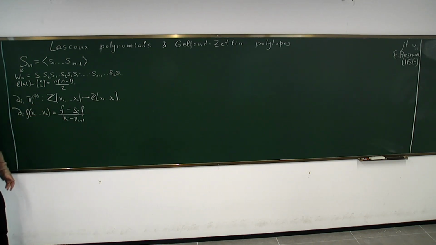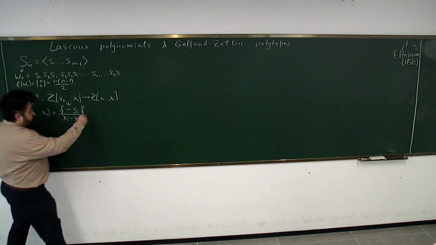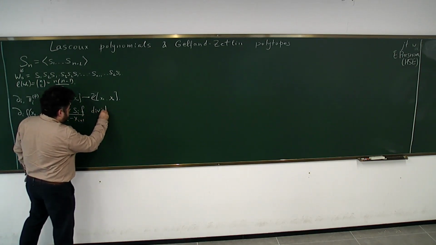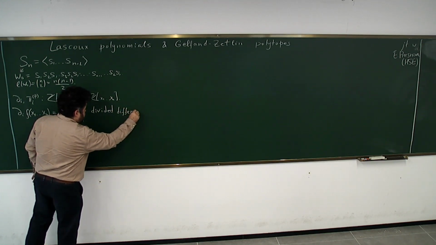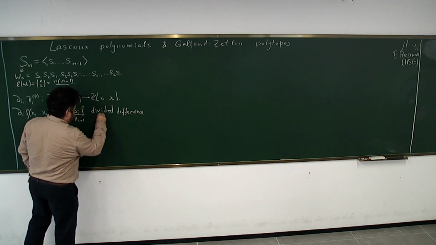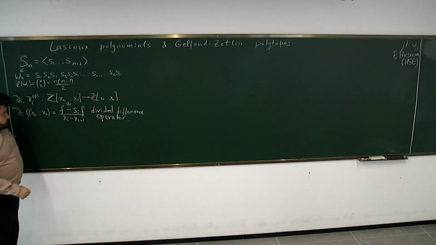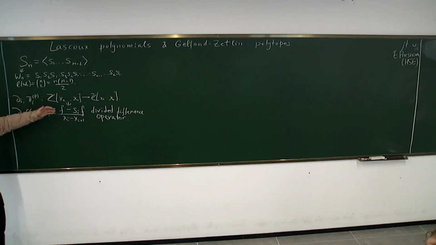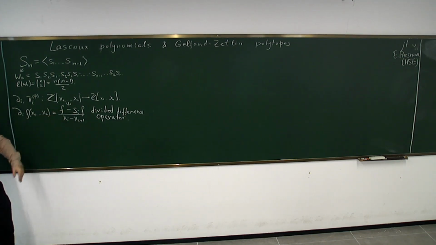This is the divided difference operator. If you take a homogeneous polynomial, the degree either drops by 1 or this thing is 0, which happens if it is symmetric in xi and xi plus 1.